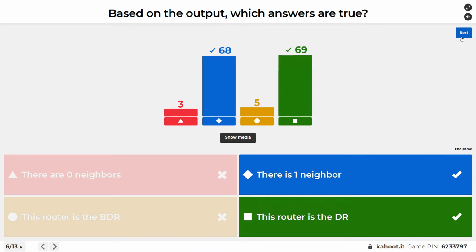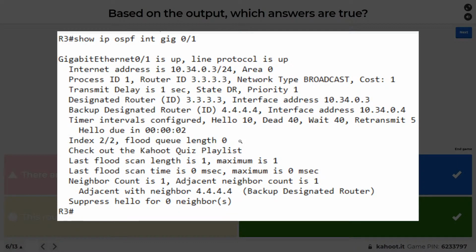Okay, based on the output, which answers are true? There's one neighbor and the router is a DR, a designated router. Let's take a look at the output. And again, the best way to learn this is just to lab it up and then do these commands. So this is saying I want to see the IP-related interface specific to OSPF, specifically about this interface. All right, so there's its IP address. That interface is associated with area 0.